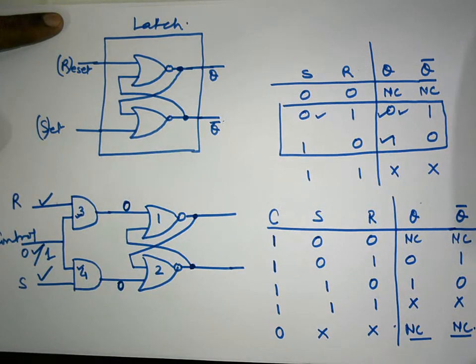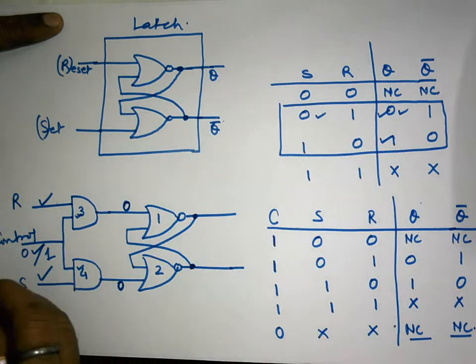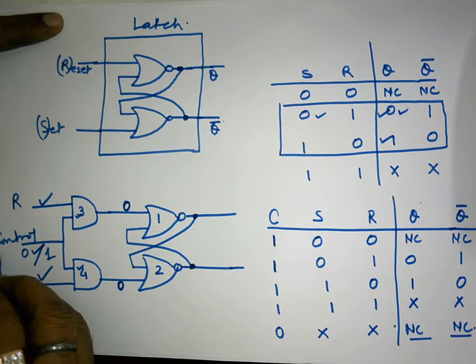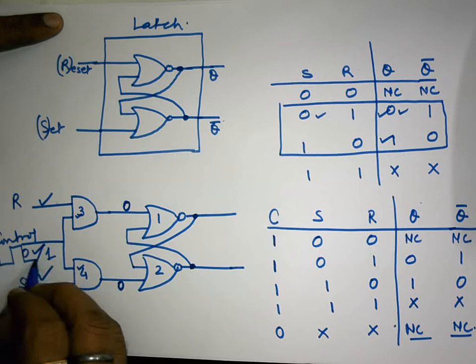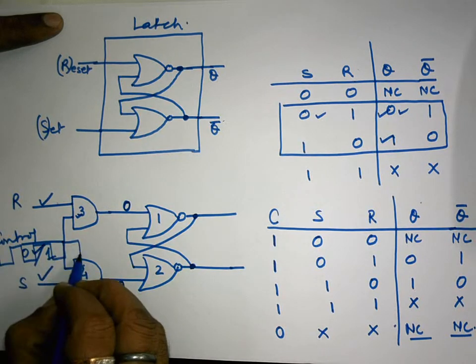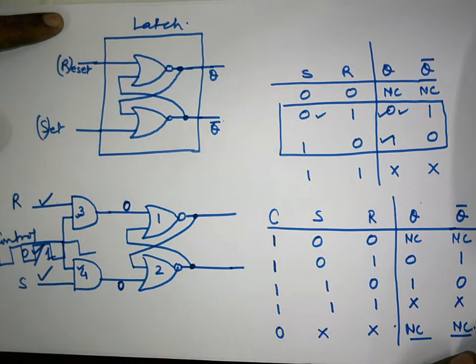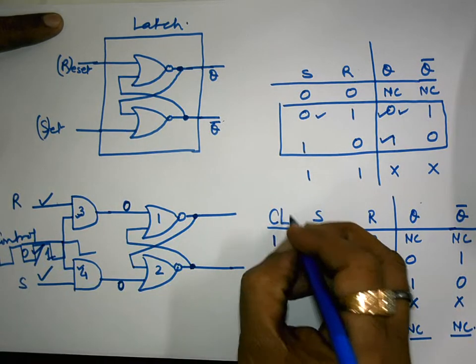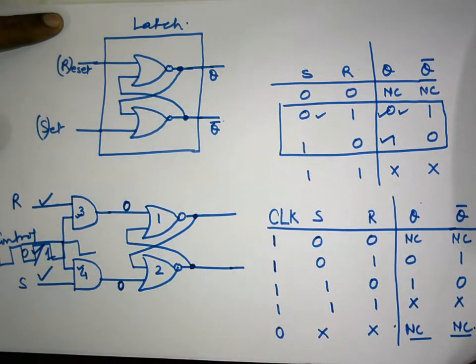And how is this control applied? It is applied in the circuitry basically in the form of these 1 0 ticks, and if it is applied in this form, then it is known as clock input. Indirectly it is acting as a control, but formally its name is clock.